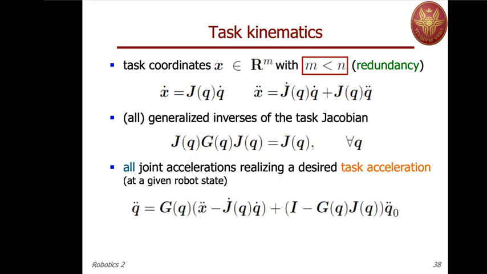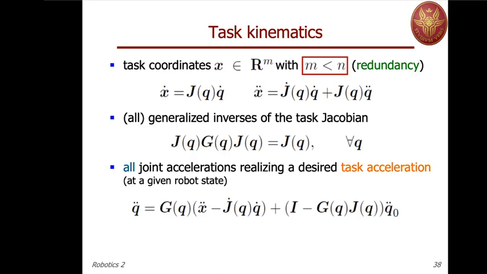Now this acceleration has as a degree of freedom parameter the null space acceleration q double dot 0. We plug this into the dynamic model, and since we know that there is a one-to-one correspondence between joint acceleration and torques, we transform the acceleration q double dot 0 into the unique corresponding torque tau 0.